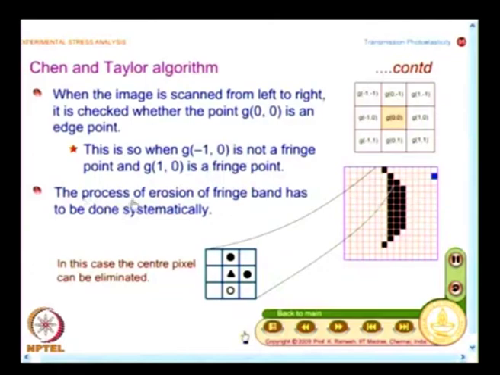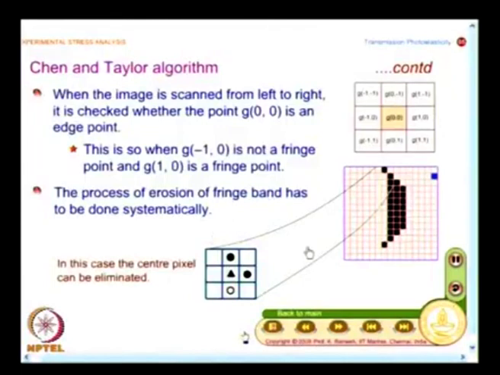So, you have a process of erosion initiated, and likewise you write it for left to right, right to left, top to bottom and bottom to top.